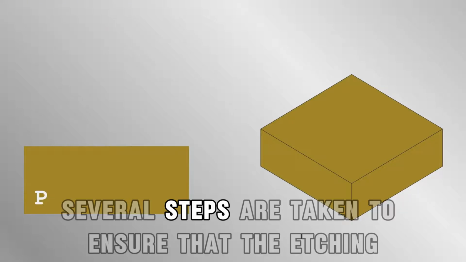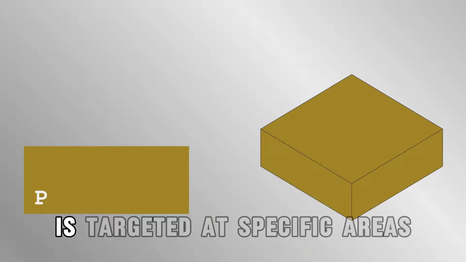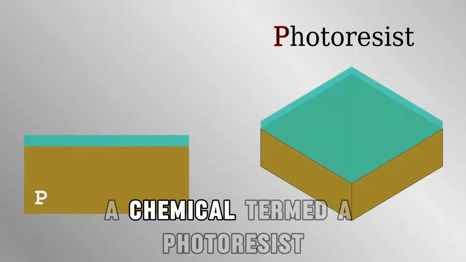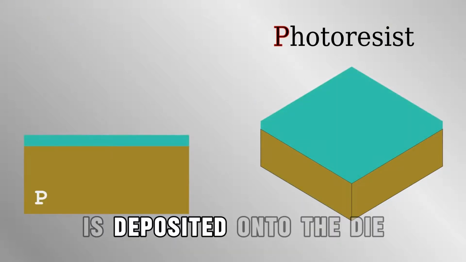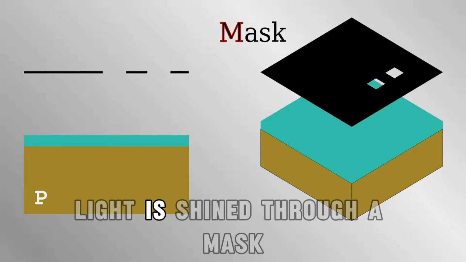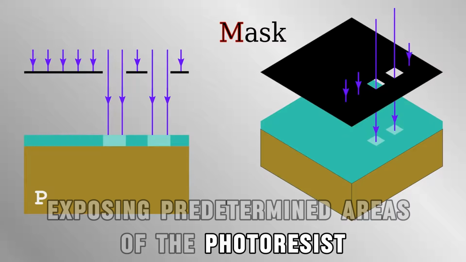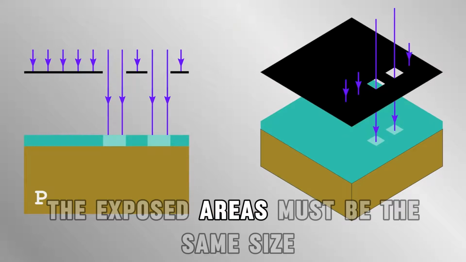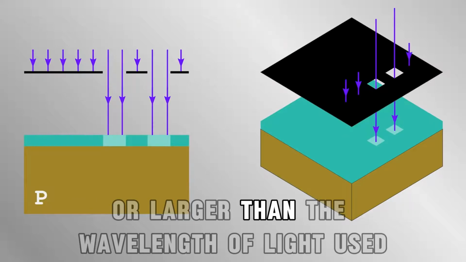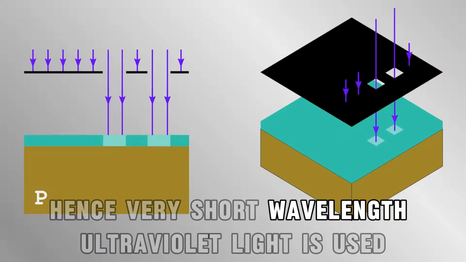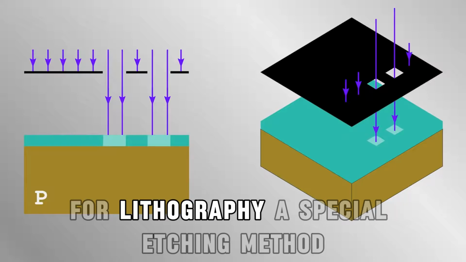Several steps are taken to ensure that the etching is targeted at specific areas, and therefore material is removed selectively. A chemical termed a photoresist is deposited onto the die. Light is shined through a mask, exposing predetermined areas of the photoresist. The exposed areas must be the same size or larger than the wavelength of light used. Hence, very short wavelength ultraviolet light is used for lithography.